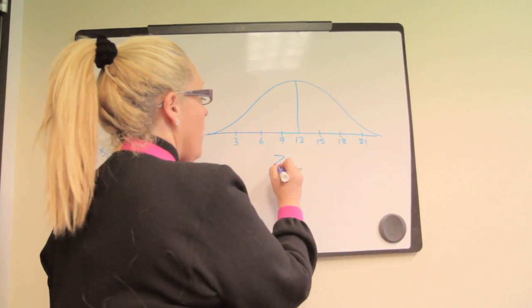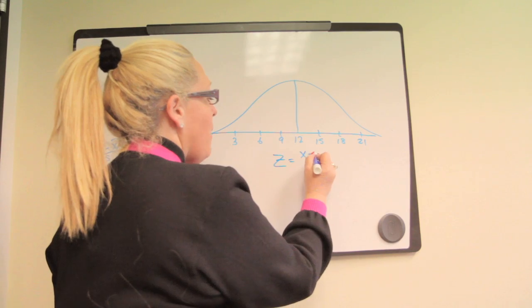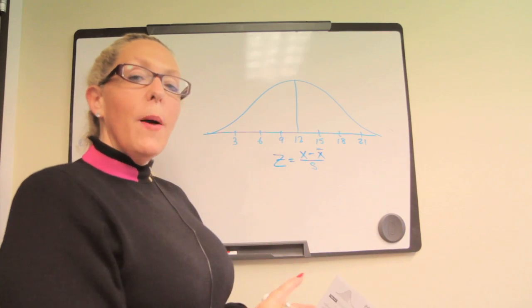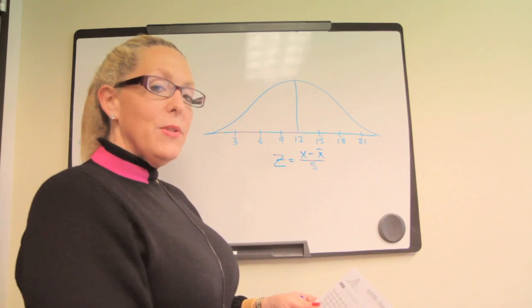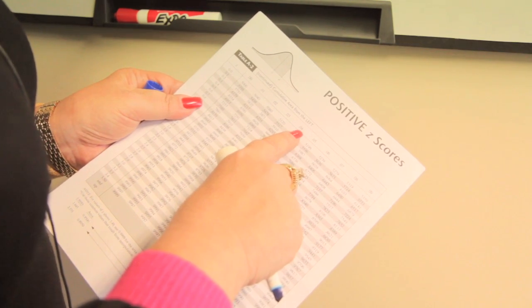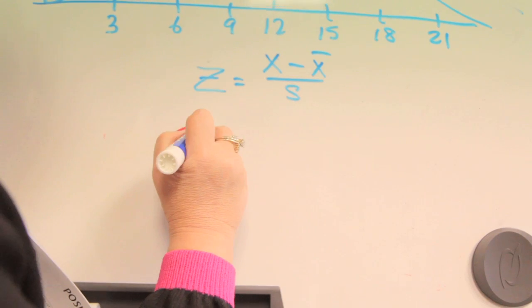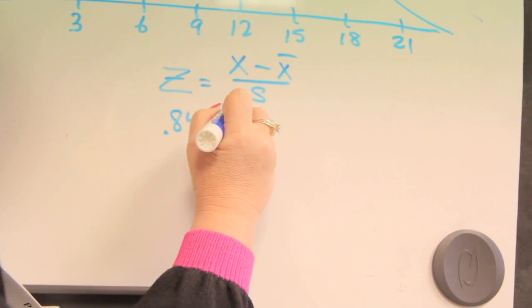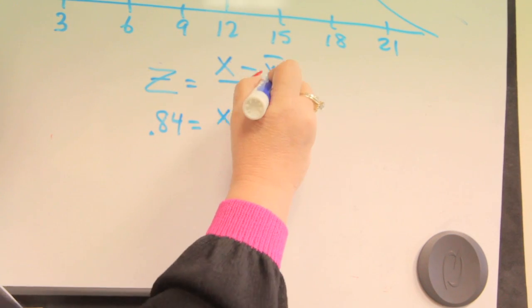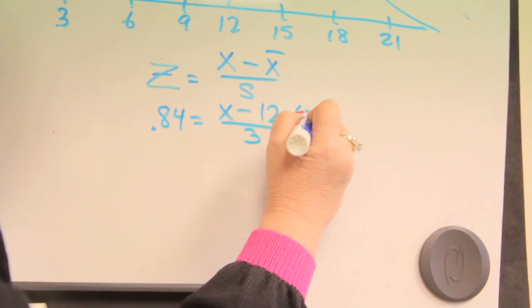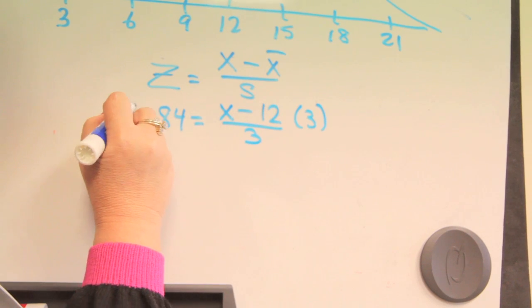So the formula is z equals x minus the mean over the standard deviation. If I look up the z-score for the 80th percentile on the chart, I see this is 0.84. That's closest to the 80th percentile. And we get x minus the mean, which is 12, over the standard deviation, which is 3. I multiply 3 to both sides.